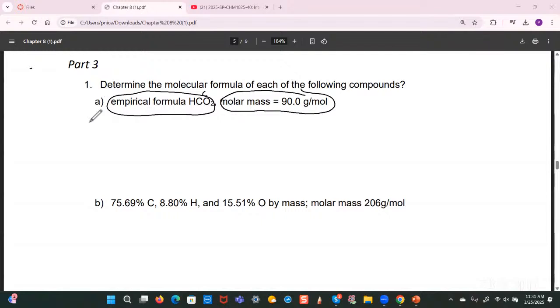For the example that we just did in the PowerPoint. The last example.